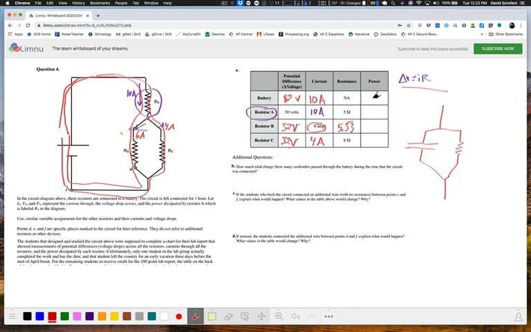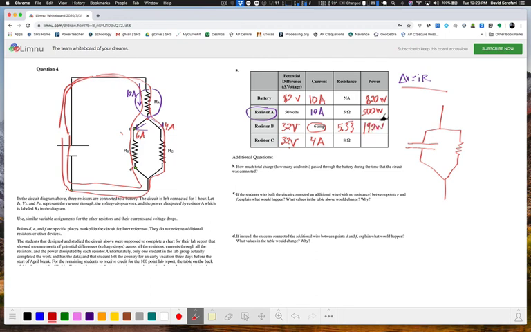And now to calculate the power, I simply multiply current times voltage in each case. So this here comes out to 10 times 82, which is 820 watts, right? 50 times 10 is 500 watts. 32 times 6 is, let's see, 6 times 30 is 180, and 6 times 2 is 12, so 192 watts.